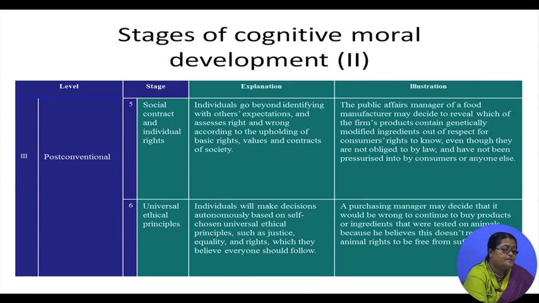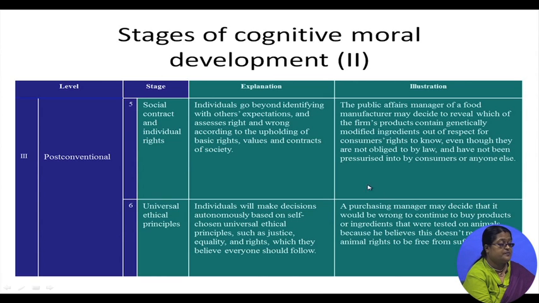Take the public affairs manager of a food company. If he wants to reveal that the food contains some genetically modified ingredients, and he wants to tell it to the customers, because he feels it is the customer's right to know what is inside the food that has been prepared, though he is not pressurized by any consumers to tell anything.